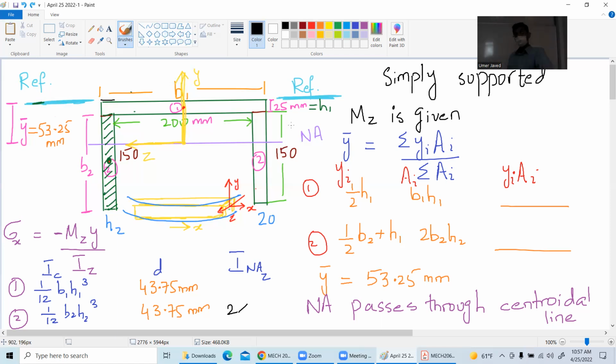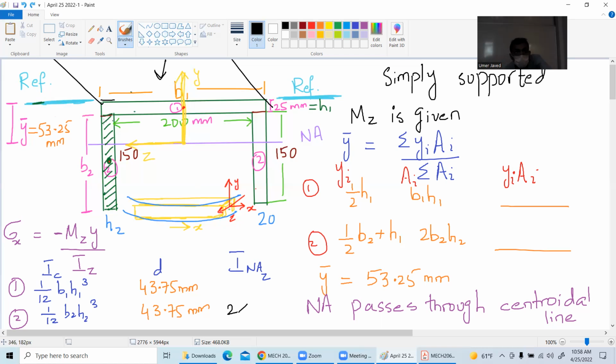Is that true? I explained that Z is towards there, and Y is towards up. So if you see, this whole thing is a beam like this, load is applied like this, and this beam will bend like this, right? So if the beam is bending like this, of course we have to find the IZ, right?